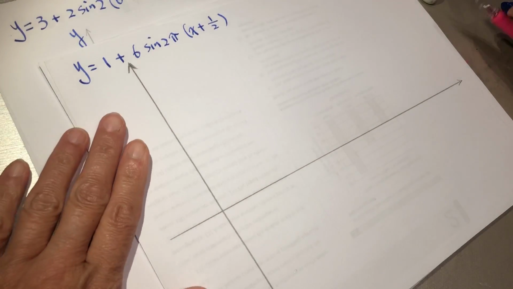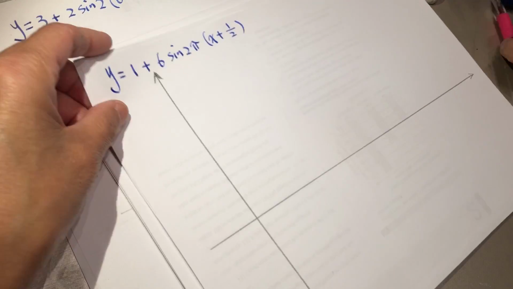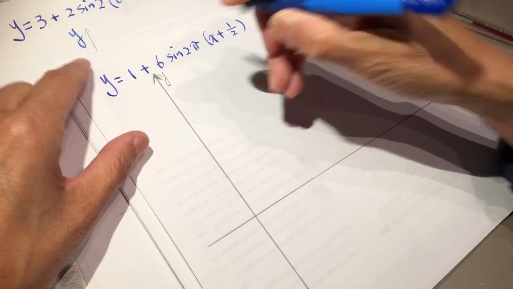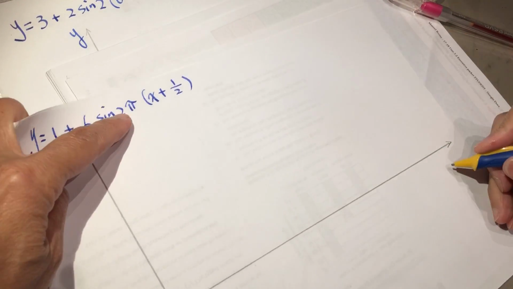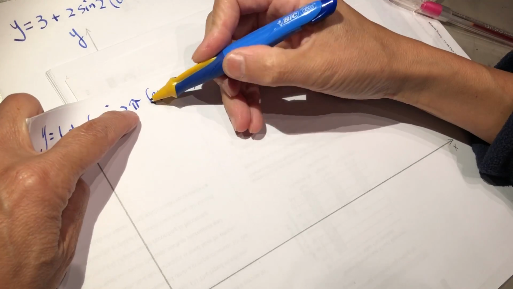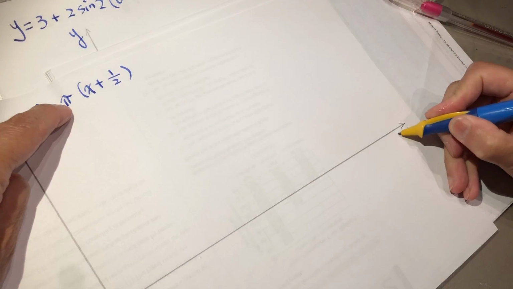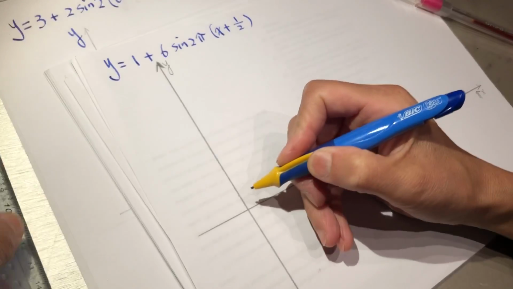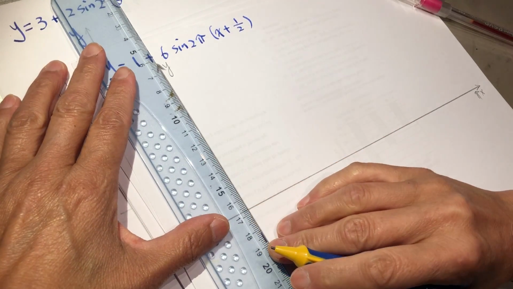Okay, so the y-axis will be y. The x-axis, instead of x, we need to name it pi x. So the y-axis, shall we do it like this?